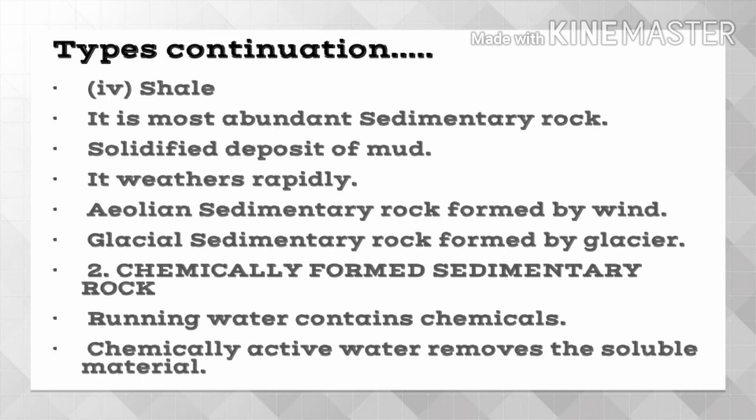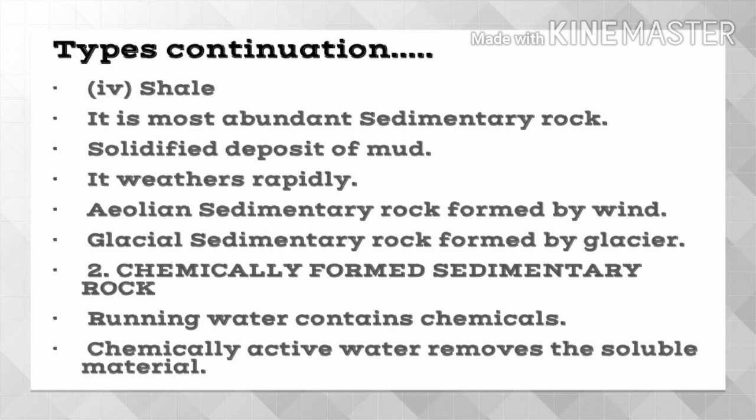Then we have chemically formed sedimentary rock. So how is chemically formed sedimentary rock formed? This rock is formed because of the running water which contains chemical material in suspension in the water. We all know that water dissolves many things. So some of the chemicals are also dissolved in water.